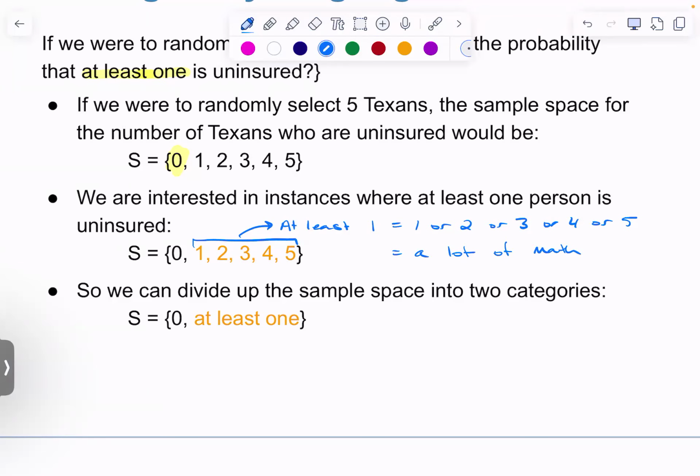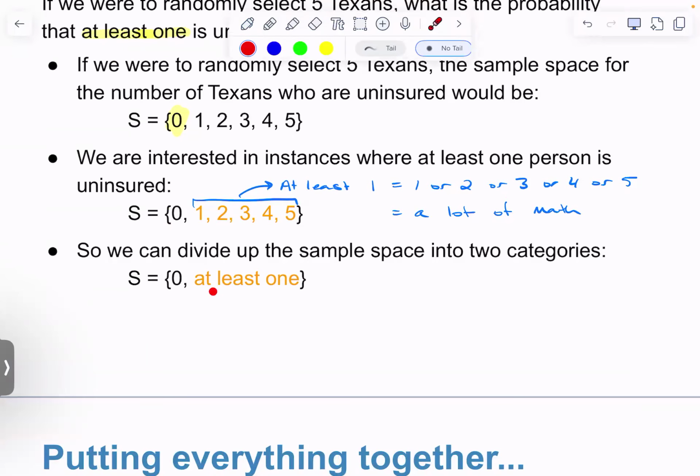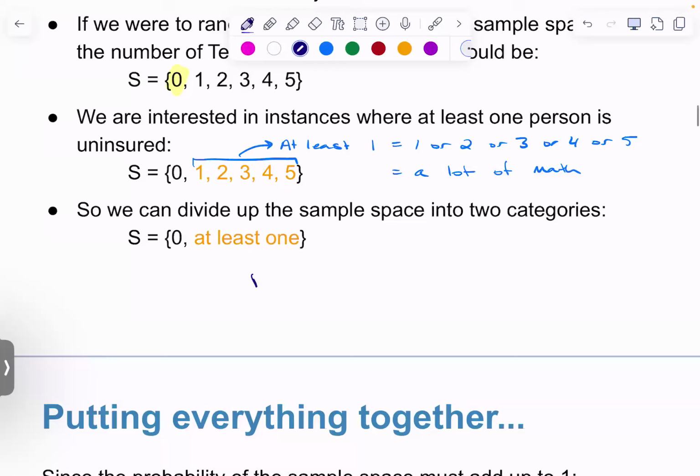So instead of doing that, what if I leverage the complement? Bless you. I say, okay, well, the probability of at least one must be 1 minus the probability of 0. That's nice, and that's true.